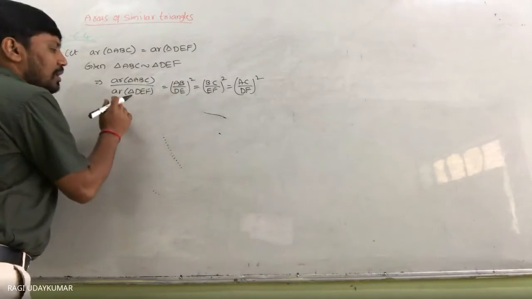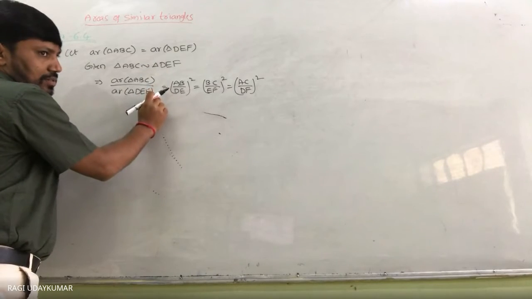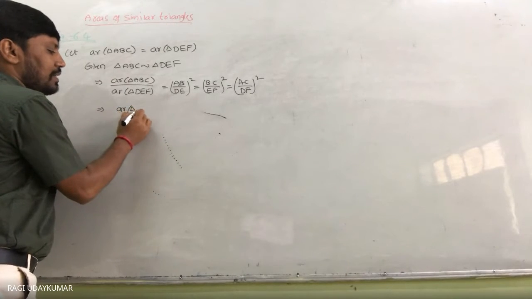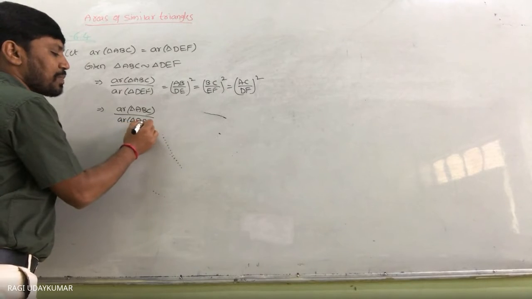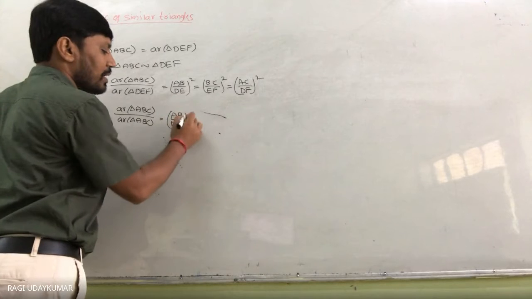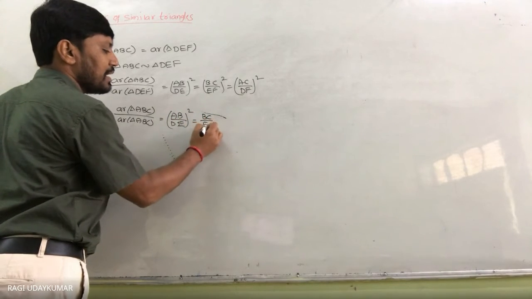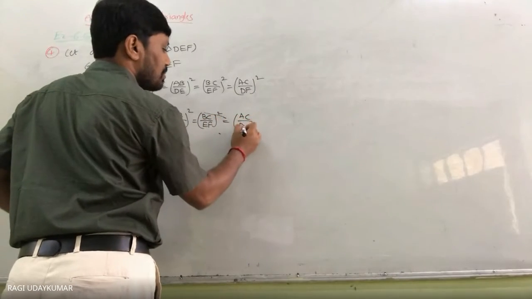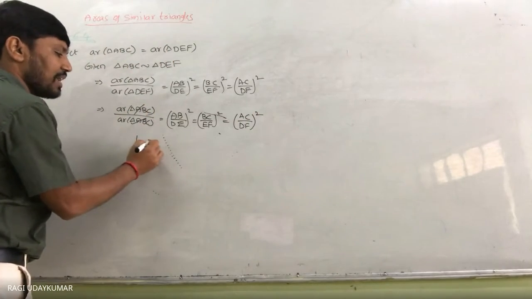So here these two areas are equal. It is given. So when these two areas are equal, you can replace one by the other. Area of triangle ABC by area of triangle DEF becomes one. So AB by DE whole square is equal to BC by EF whole square, which is equal to AC by DF whole square, and each equals 1.